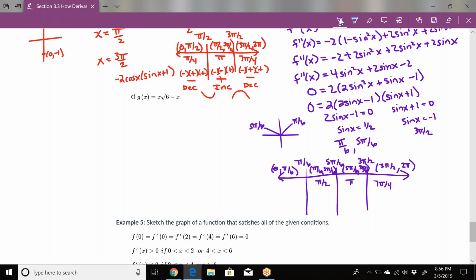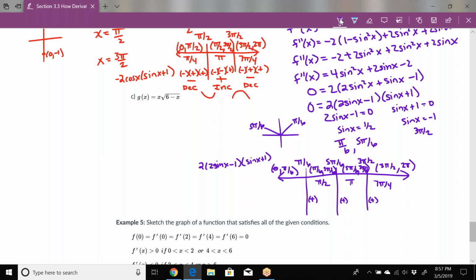Okay? So if we plug in, so remember this is our factors, 2 sine x minus 1 and sine x plus 1, okay? So notice the 2 is always going to be positive, so that's going to start us off with a plus in each of these. You don't technically need to include that unless it's negative, but I'm always in the habit of doing all of my factors.